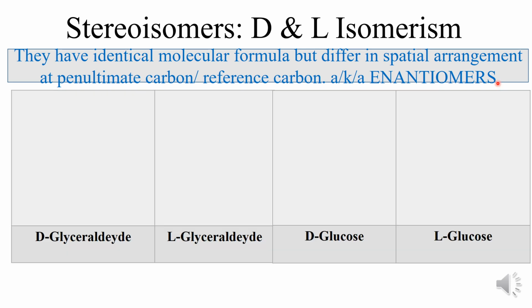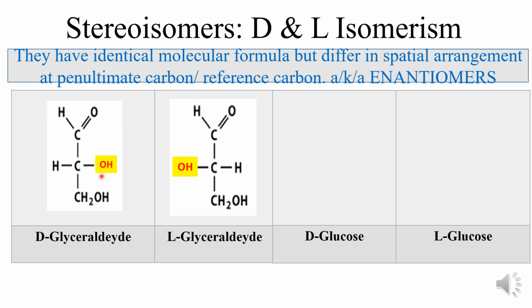We will take the example of glyceraldehyde and glucose here. In glyceraldehyde, you can see that in one molecule the hydroxy group is towards the right hand side in the reference carbon atom or the penultimate carbon. When the hydroxy group is on the right hand side, it is known as D-glyceraldehyde, and when it is on the left hand side, it is known as L-glyceraldehyde.